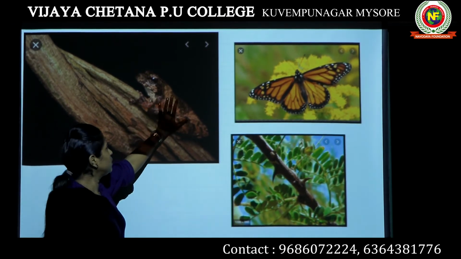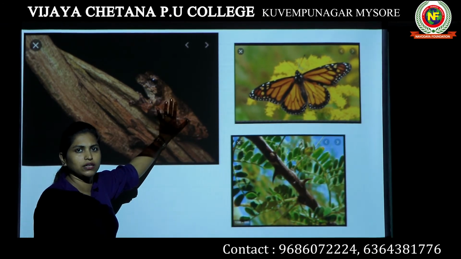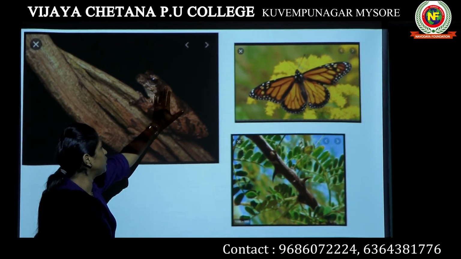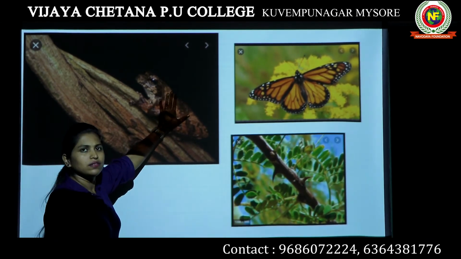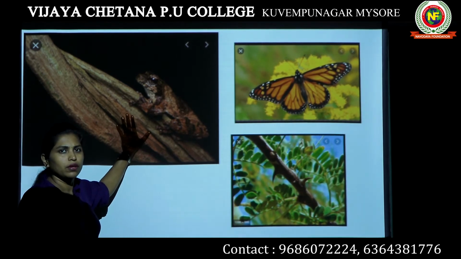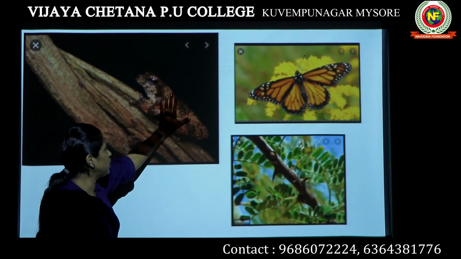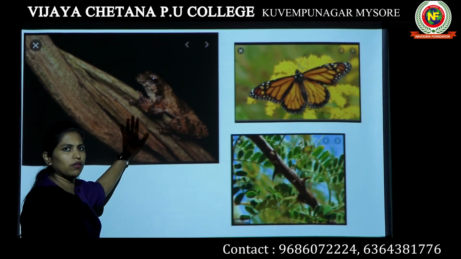Okay, this is known as cryptically colored or camouflaged. The frog is trying to maintain its body color, which is close to its surrounding environment. They are maintaining their body color the same as their surrounding environment.